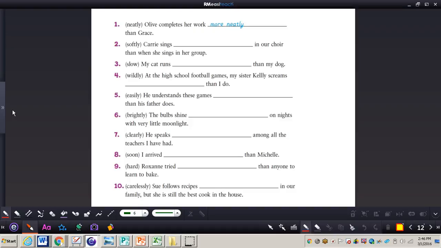Now, next one. It says softly. Carrie sings blank in our choir than when she sings in her group, and we're going to have more softly.